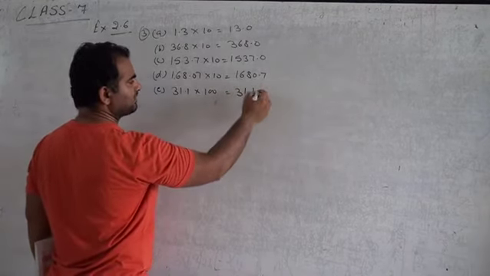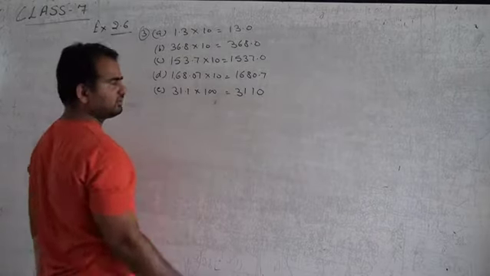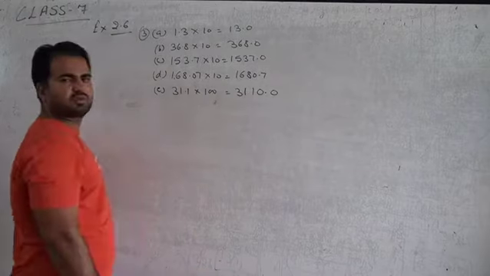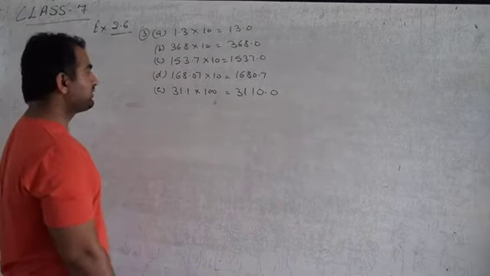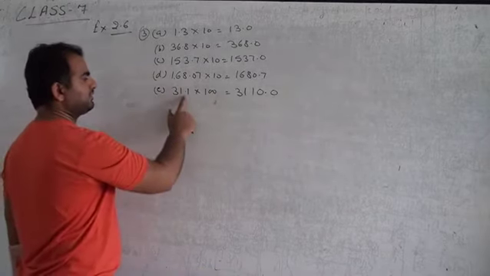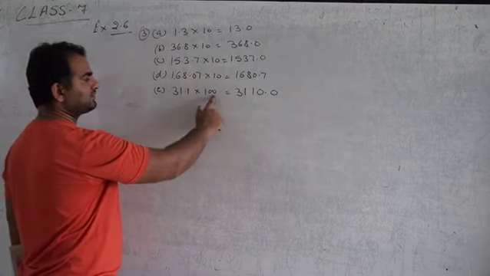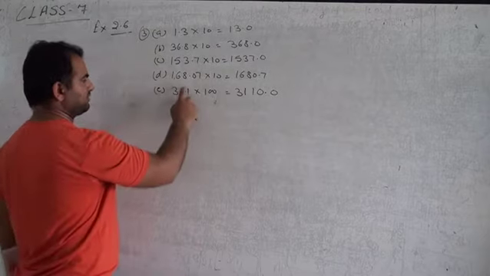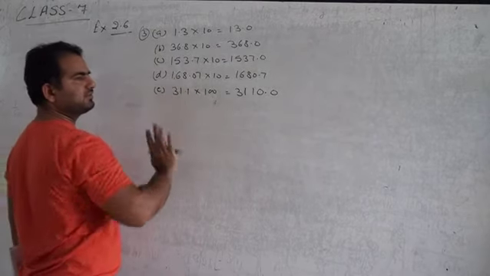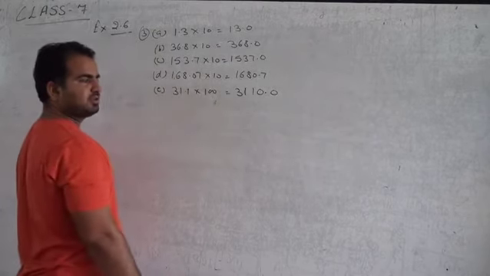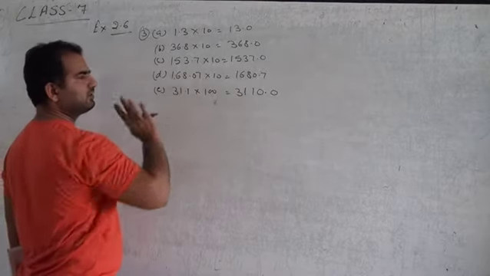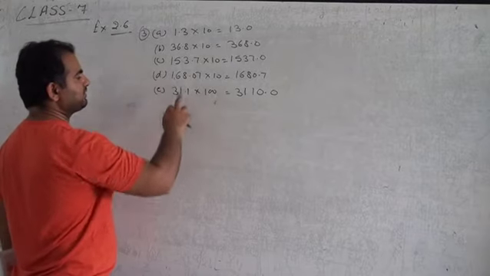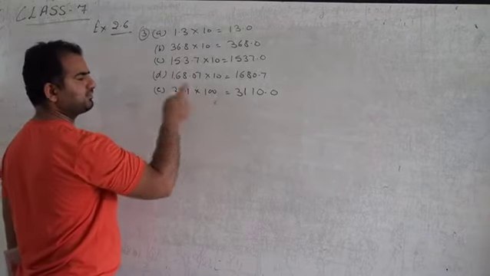There should be a digit, so we take a 0 there. Listen carefully. For 31.1, we have to move the decimal two digits, but one digit that was required is not there, so we place a 0 more.